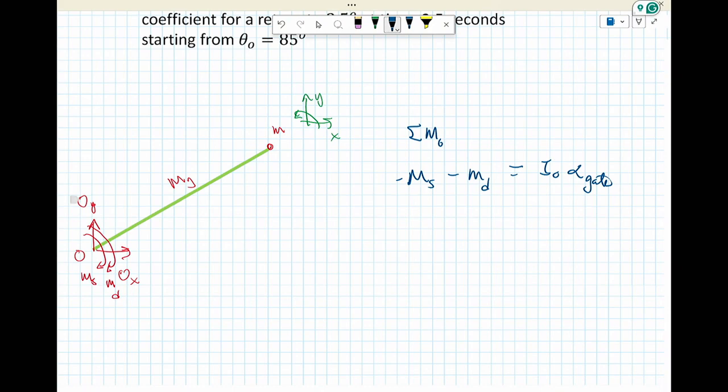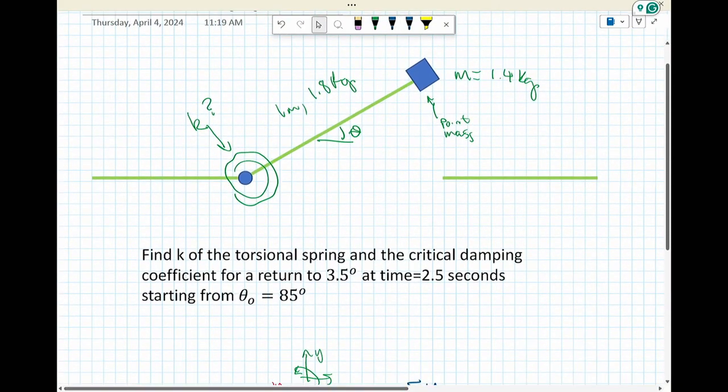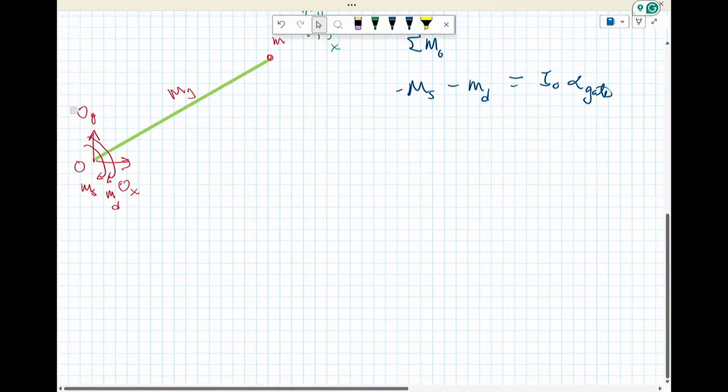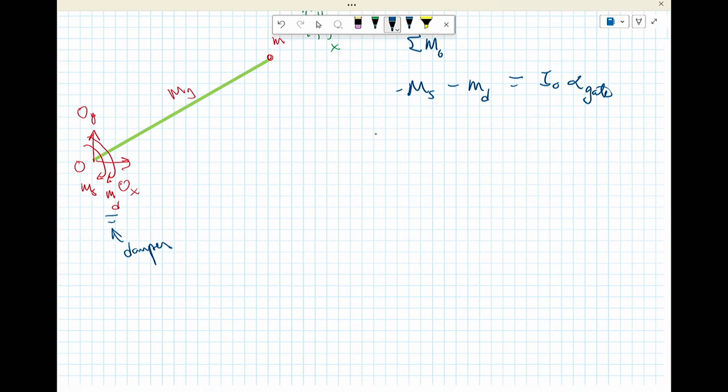Sorry, there should also be, and the critical, oh yeah, there's a damping coefficient. So there's the damper. So M_S is K of the torsional spring times theta. The moment of the damper is C of the torsional, essentially it's the same thing, C of the torsional spring times theta dot.